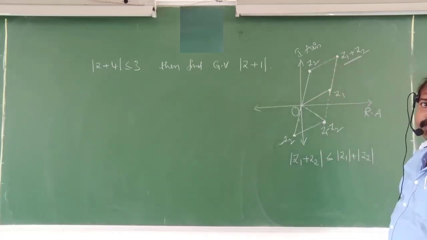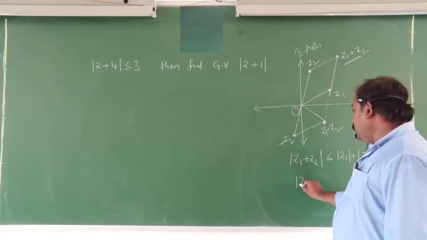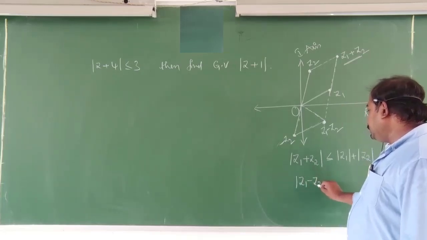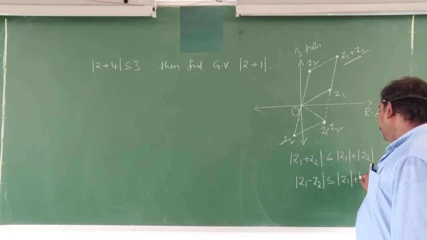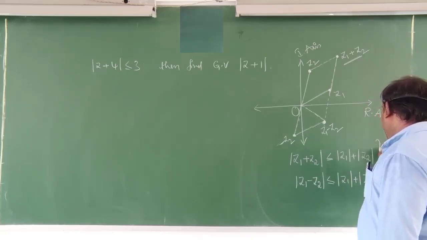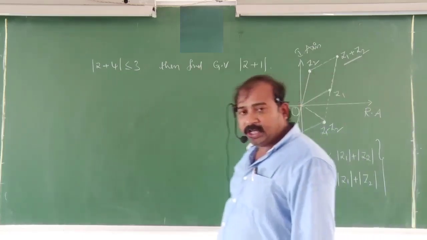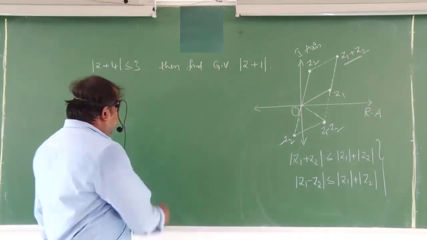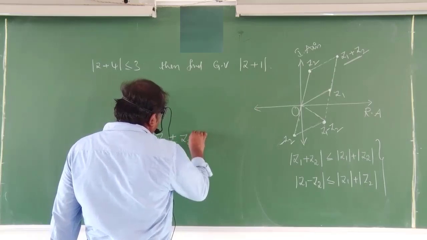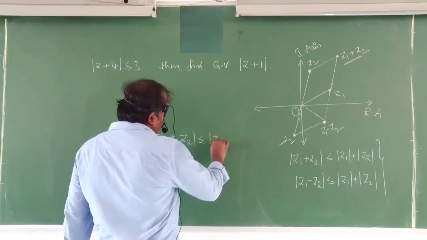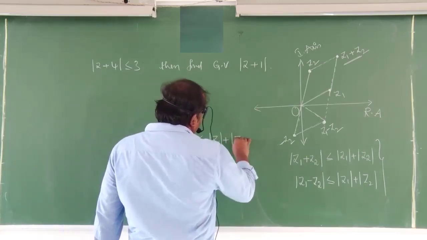Similarly, the value modulus of Z1 minus Z2 is also less than or equal to modulus Z1 plus modulus Z2. By combining these two inequalities, I can write modulus of Z1 plus or minus Z2 is less than or equal to mod Z1 plus mod Z2.